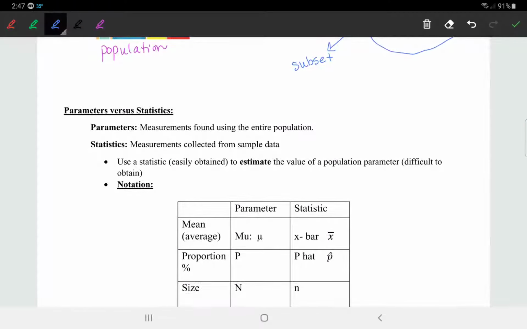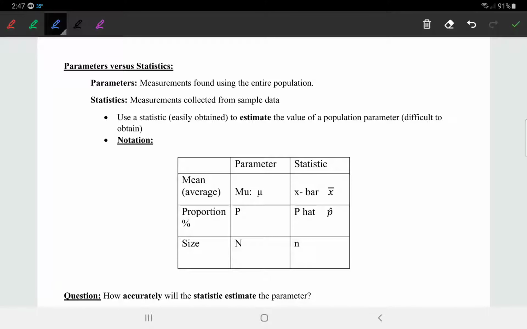Once we know about the difference between the population and the sample, the next distinction we will make is between parameters and statistics. So we'll be doing measurements. Parameters are measurements that are found using the entire population, whereas a statistic is a measurement from sample data.